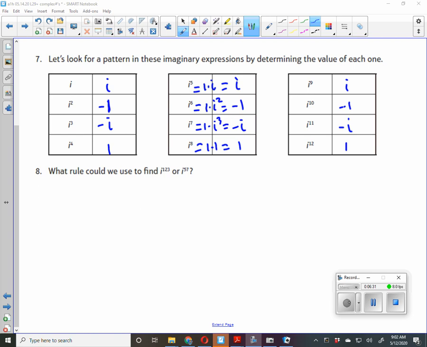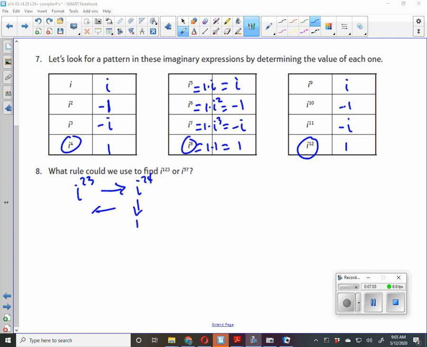What we're finding is that anything with an exponent that is divisible by 4 will always be 1. And from there, we can always manipulate and decide if it's i, negative 1, or negative i. So i to the 23rd is close to i to the 24th, which is divisible by 4, which we know is 1.